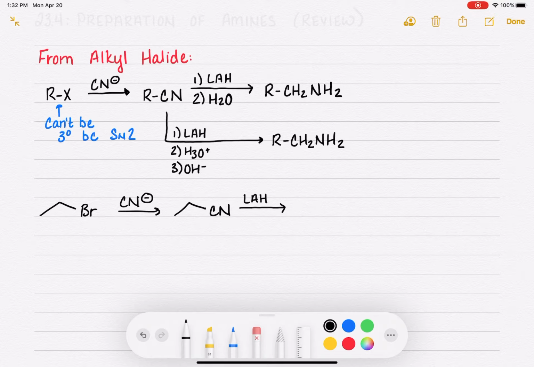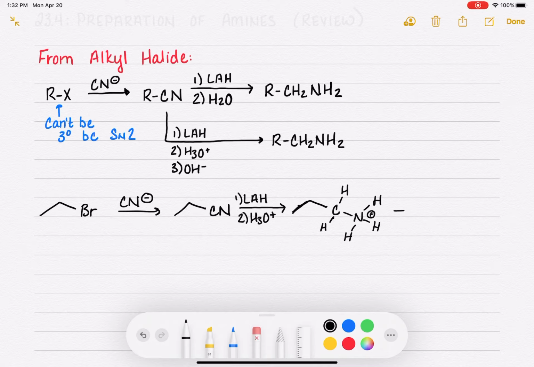Let's react it with LAH followed by H3O plus. That's going to convert to the amine by adding hydrogens to the carbon and the nitrogen of the nitrile group. And because amines are bases and we have this step 2 H3O plus, we're actually going to protonate the nitrogen of our amine product.